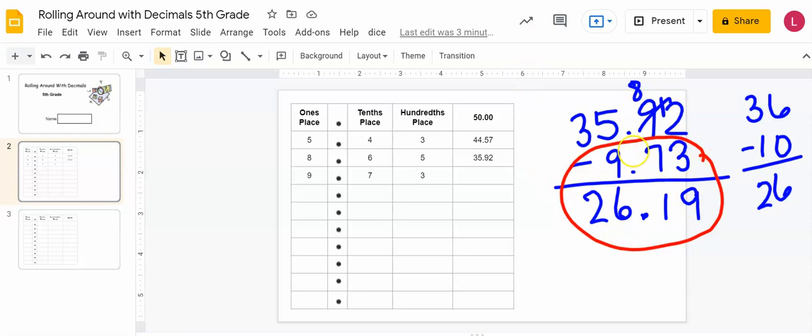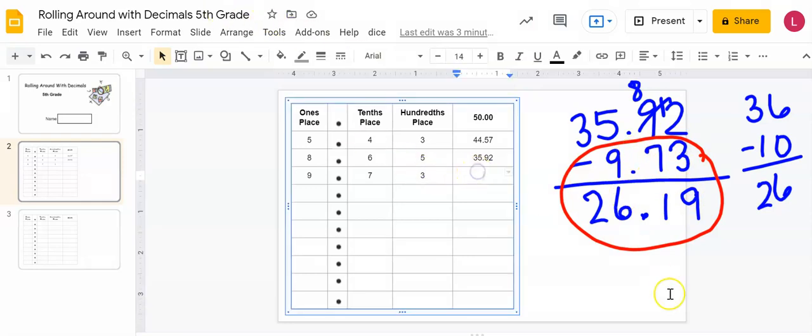And I kind of did that as I went, didn't I? So now my new total is 26 and 19 hundredths.